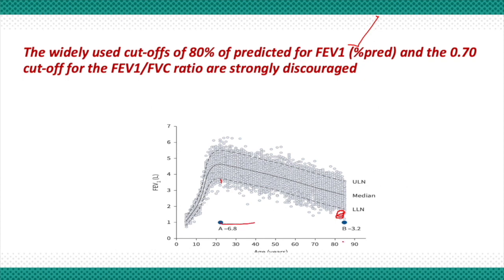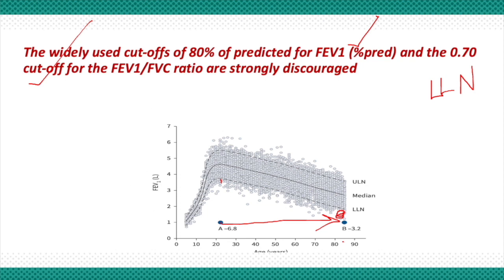So this age gap cannot be met if we are using fixed cutoffs. And how the GLI reference equations might help is that instead of using these cutoffs, we could use better lower limits of normal.